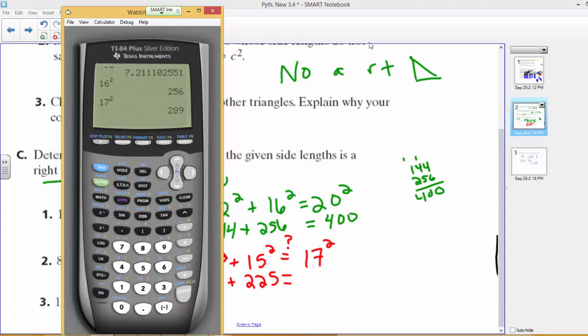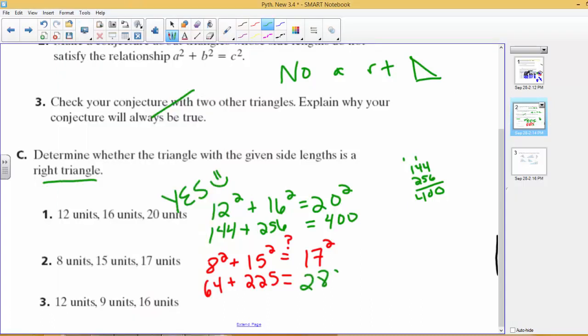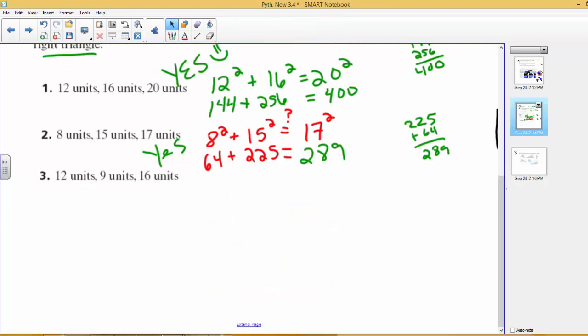It's 289. So you could do 225 plus 64, and guess what? It is. These are actually called Pythagorean triples. They're the whole numbers that work to give you a right triangle.